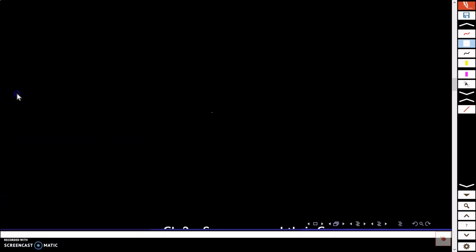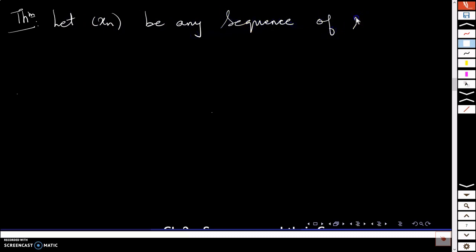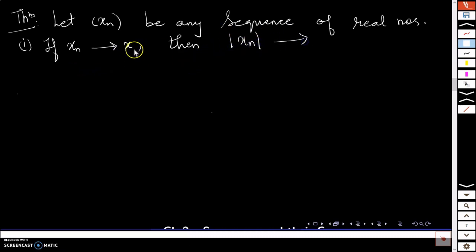Let's look at the next result now. This says, let xn be any sequence of real numbers. Then this result has three very simple parts. The first one says that if the sequence xn converges to a point x, then the sequence mod xn will converge to the modulus of the limit of the sequence.